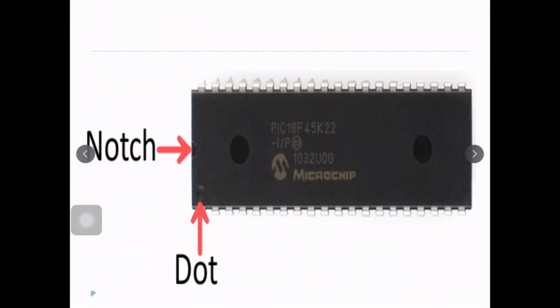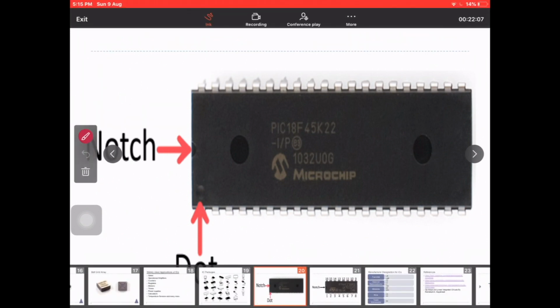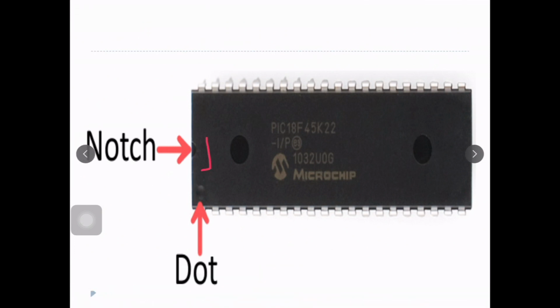Next, this is a particular IC I am showing you. In every IC you will see a particular notch. This type of notch is there, right? When you place this IC in such a way that this notch comes to your left side, then the pin below this notch, where a dot is there, or if no dot is there, then also by default the pin below this notch is the first pin.